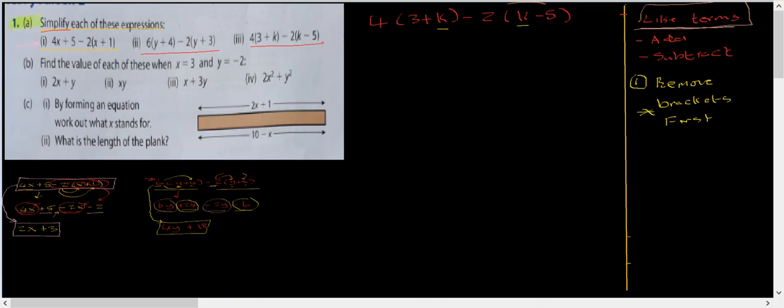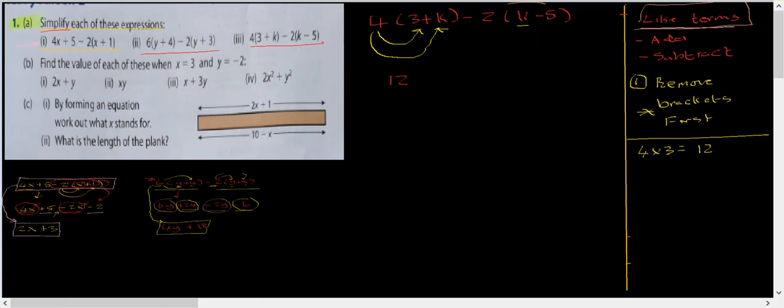So how do we remove the brackets? We multiply the number on the outside by everything that's on the inside. So let's do that first. The first thing we're going to do is 4 by 3 and 4 by k. So if we have 4 multiplied by 3, that's going to be equal to 12. So we can write down 12 underneath here.